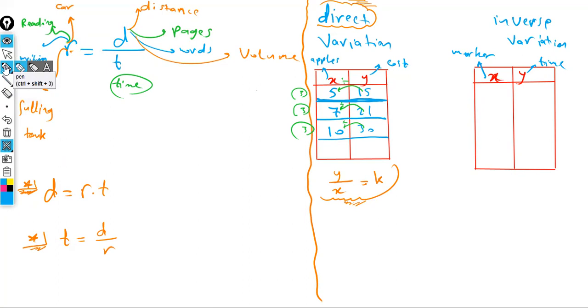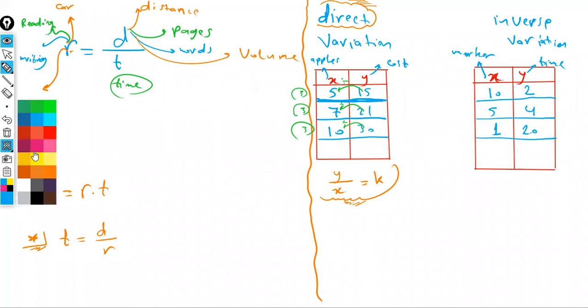Okay, the time we need to finish a job. So if 10 workers work together, the job will finish in 2 hours. Now, if the number of workers decreased to 5, the time will be 4 hours. If the number of workers decreased to 1, the number of hours should be 20 hours.